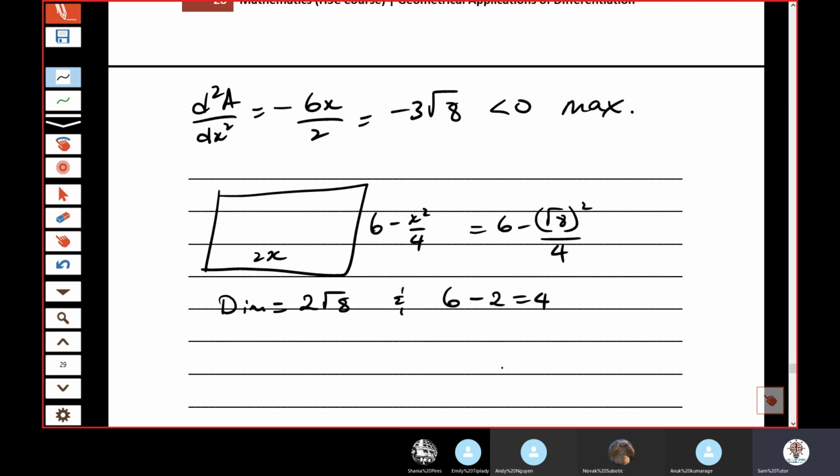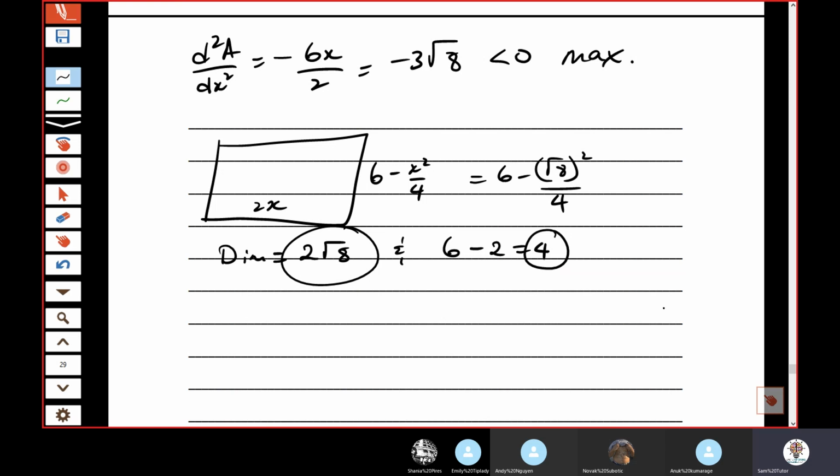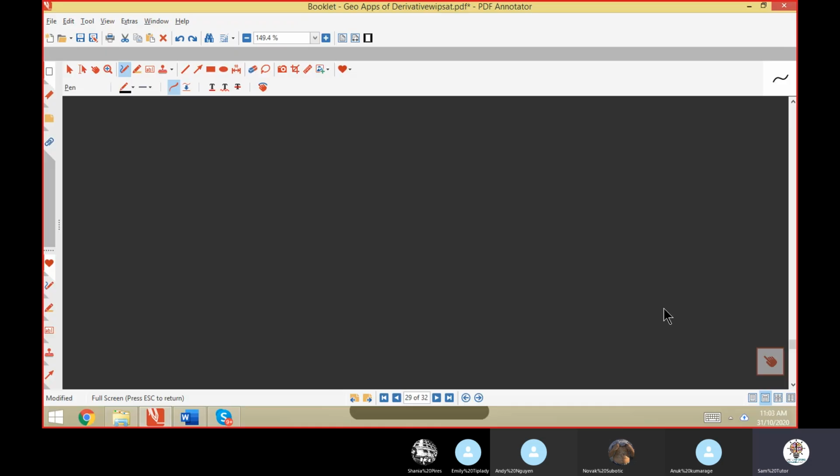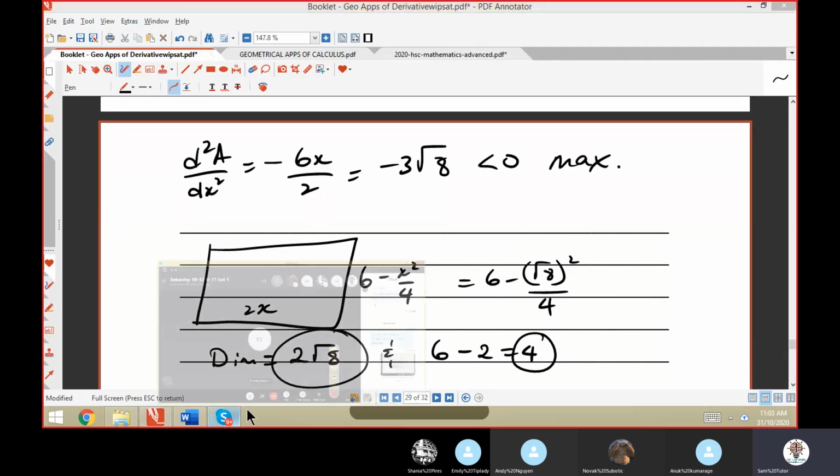In case you guys needed that. So the dimensions are 2 root 8 and 4. That will give me the maximum possible area of a rectangle that's constrained within a parabola of that function. Done. All right, let's pause that there.